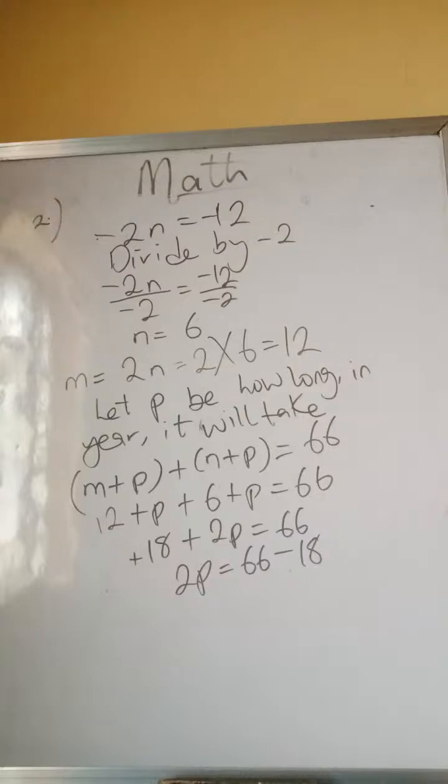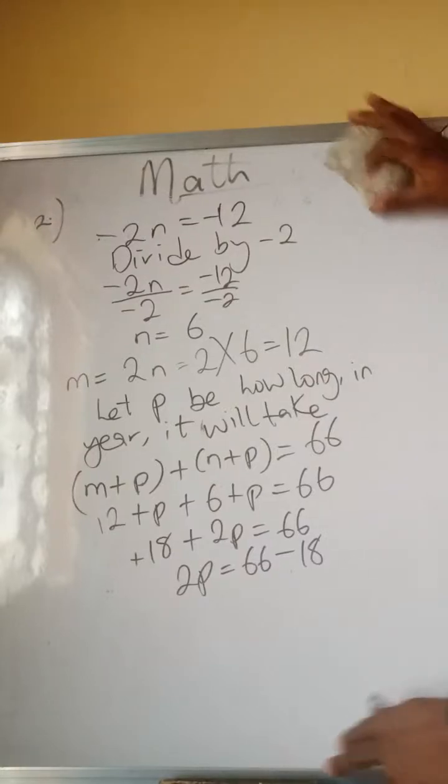Now, if you move on from here, you have 2P equals the result from 66 minus 18. And if I may ask, what is 66 minus 18? Let me be sure you're following before I write the answer out.